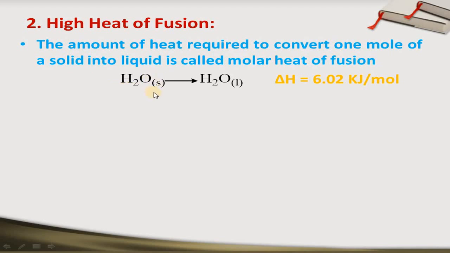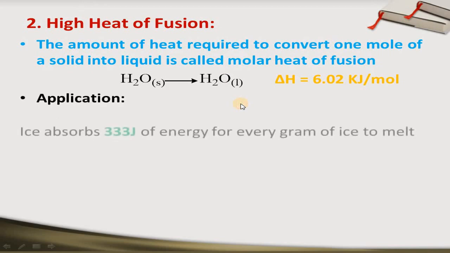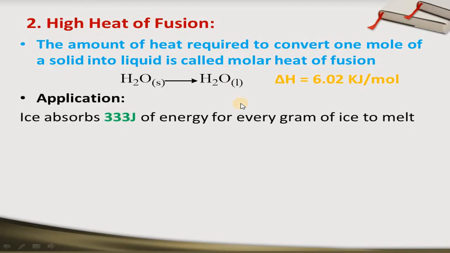H2O solid, means ice, is converted into H2O liquid, liquid water, and the delta H for this reaction is equal to 6.02 kilojoule per mole. What is its application in real life? Ice can absorb 333 joule of energy for every gram of ice to melt.